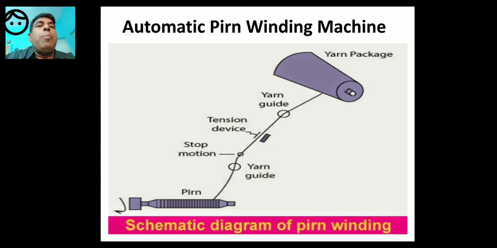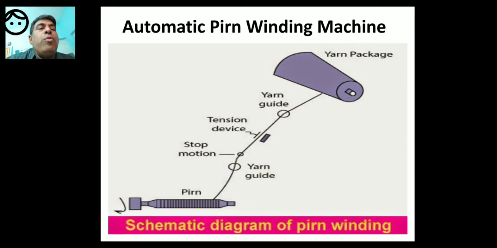The purpose of stop motion is to stop the automatic pern winding machine in case of weft breakage or thread breakage or a weft exhaustion. After that the yarn is drawn through the yarn guide, and then it is wound onto the pern.